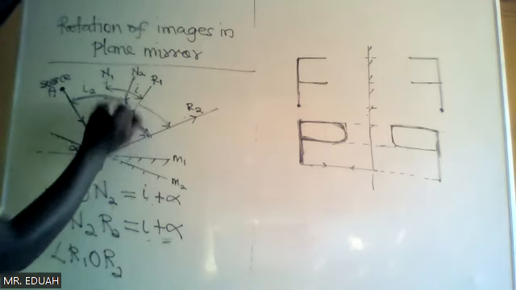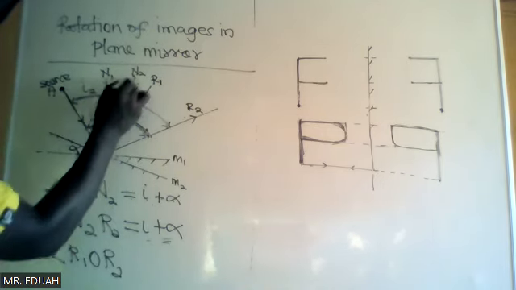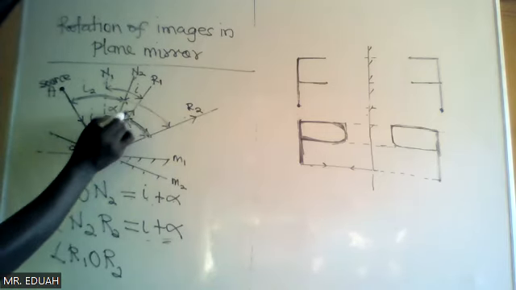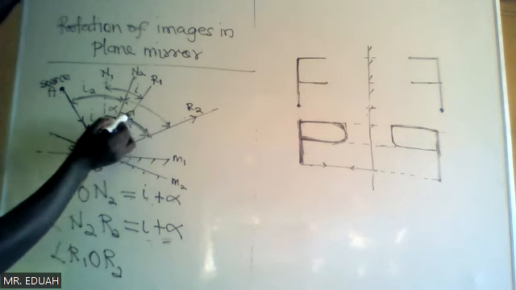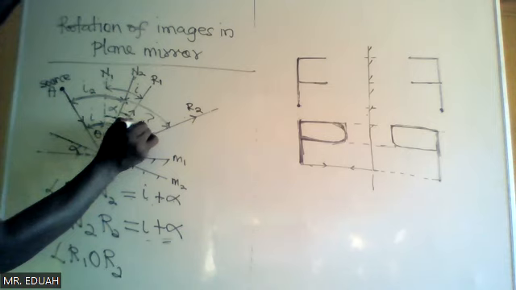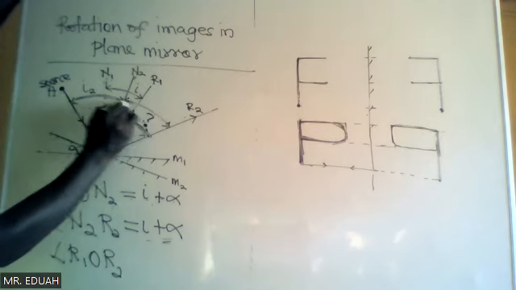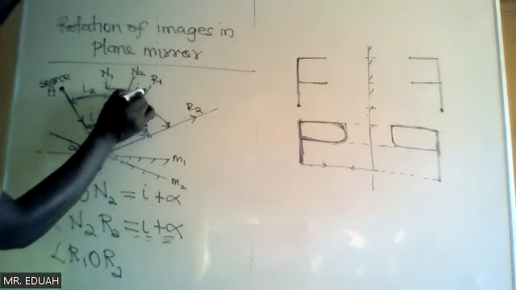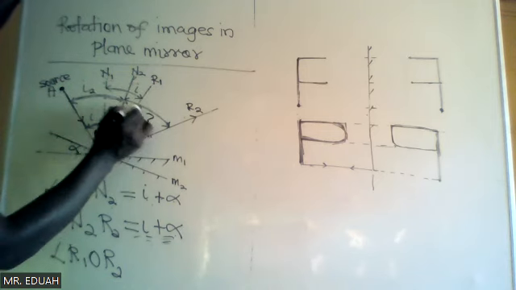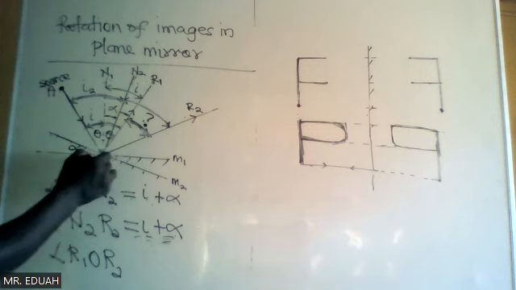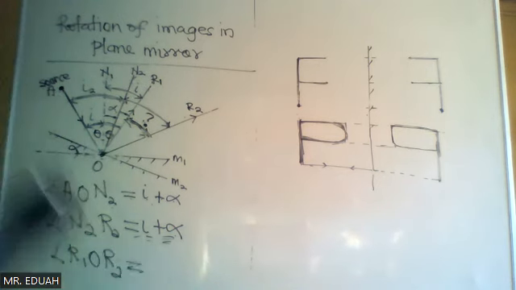This angle is part of this bigger angle, N2OR2. So if we could find this bigger angle, then we'll subtract this small one from it to get this, where the question mark is what you are looking for, which is angle R1OR2. That's what we are looking for.